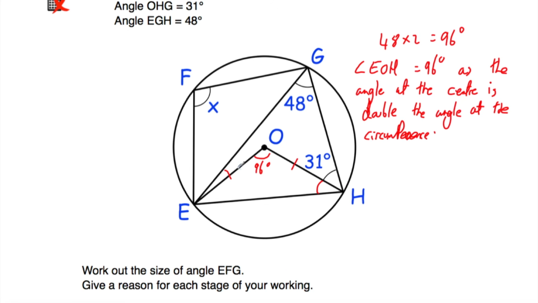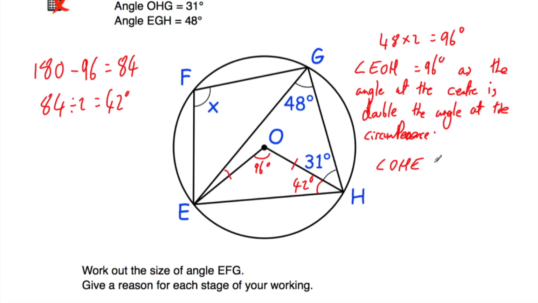So let's find the size of angle OHE. We'll do 180 subtract 96, that's equal to 84, and then 84 divided by 2 is equal to 42 degrees. So this is a 42 degree angle. So that means the angle OHE is equal to 42 degrees, as triangle OHE is isosceles.